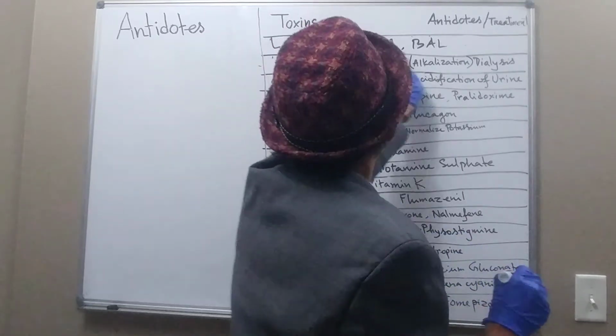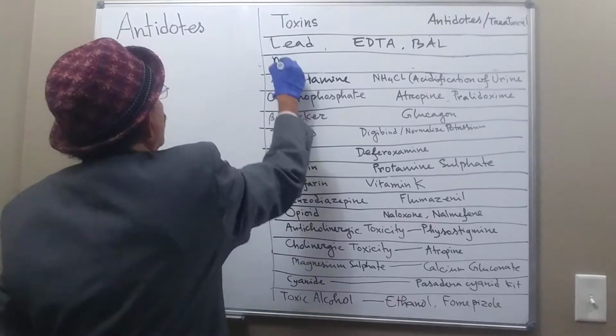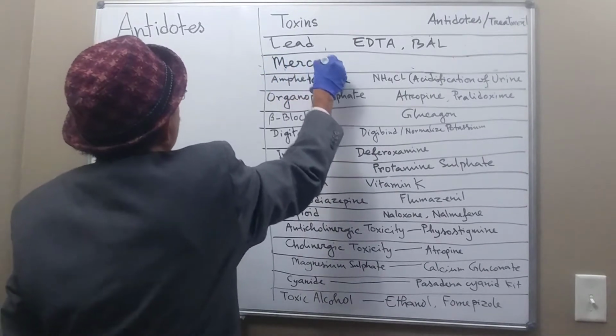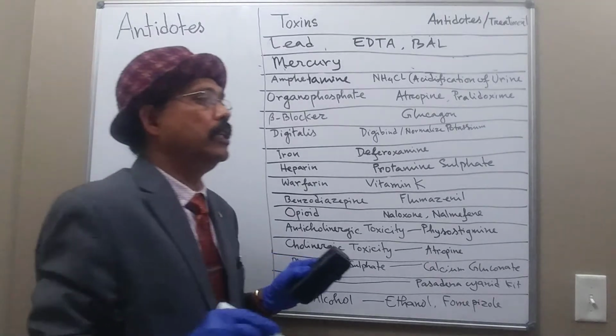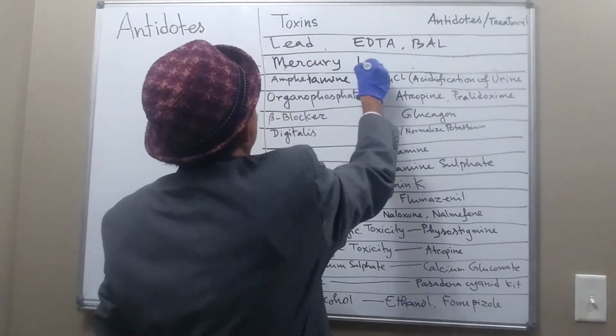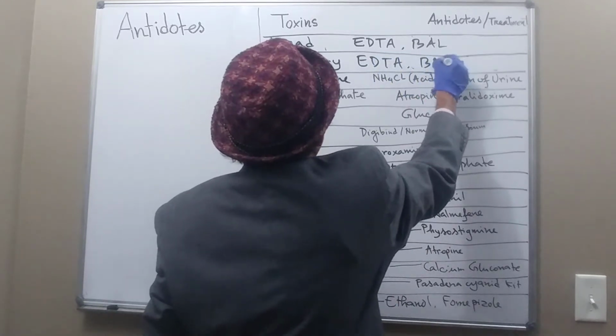We have mercury poisoning, which is also common. For mercury poisoning we need EDTA and British anti-Lewisite.